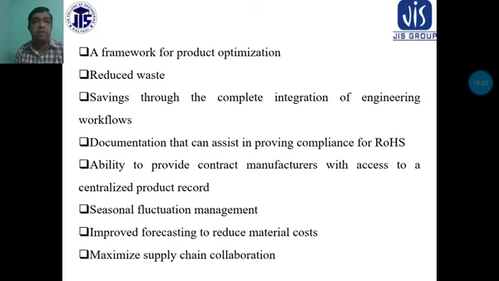A framework for product optimization, where the product requires optimization, is to reduce waste. In every industry, the production cost increases because of waste product. Suppose zero defects are ensured, then the waste is very little, and this is possible with the PLM system.